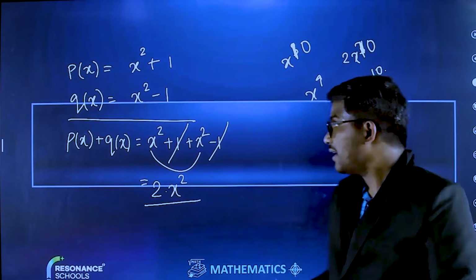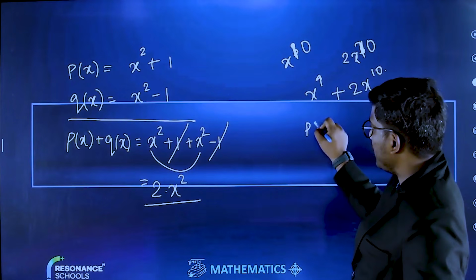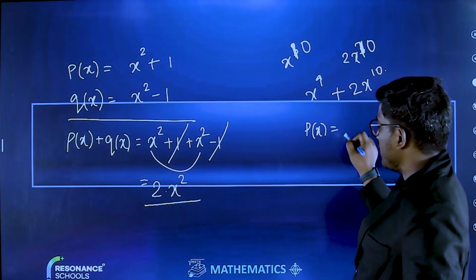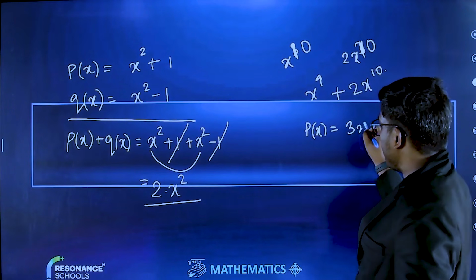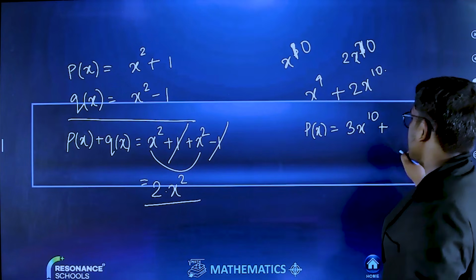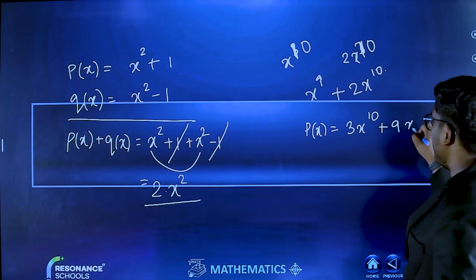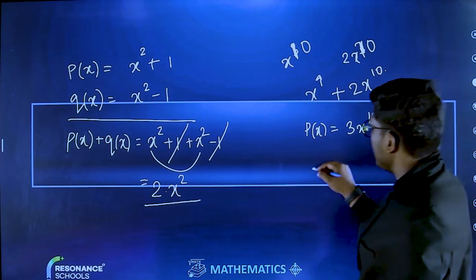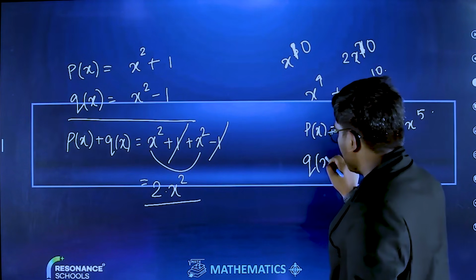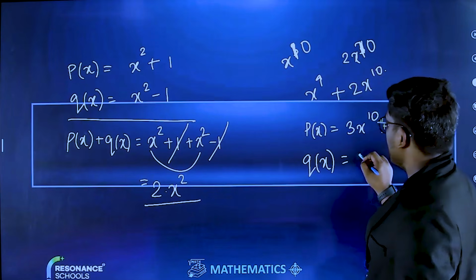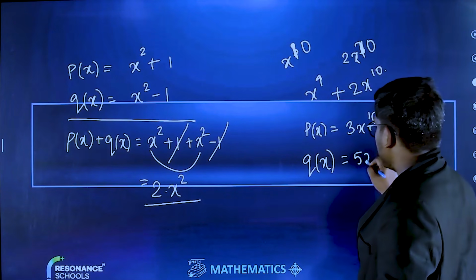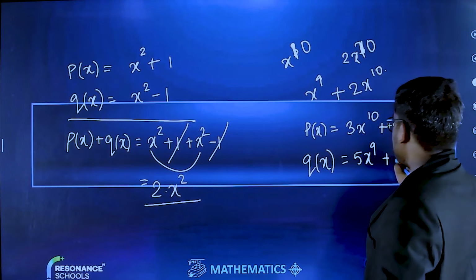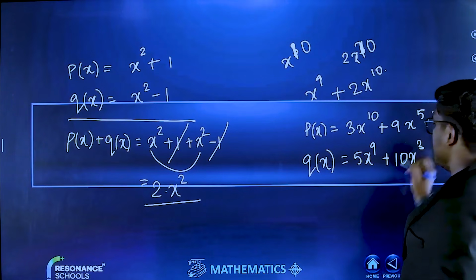But then if I have a polynomial p of x equal to 3x power 10 plus 9x power 5, and I have q of x equal to 5x power 9 plus 10x cube.